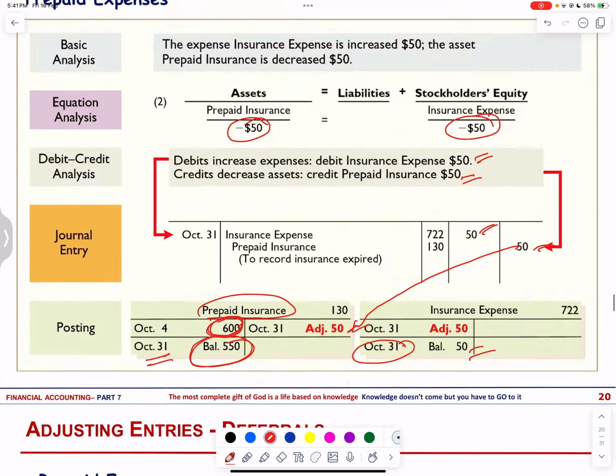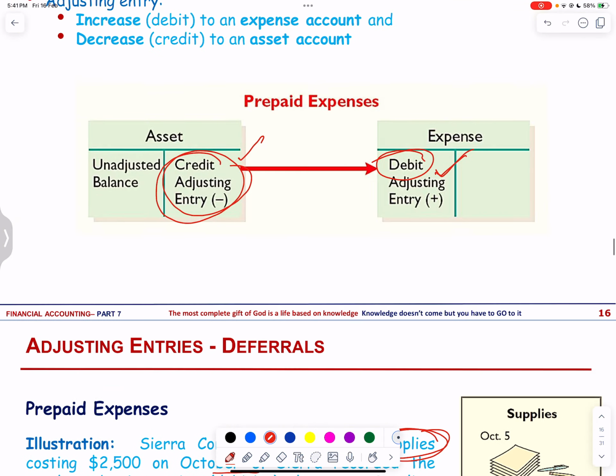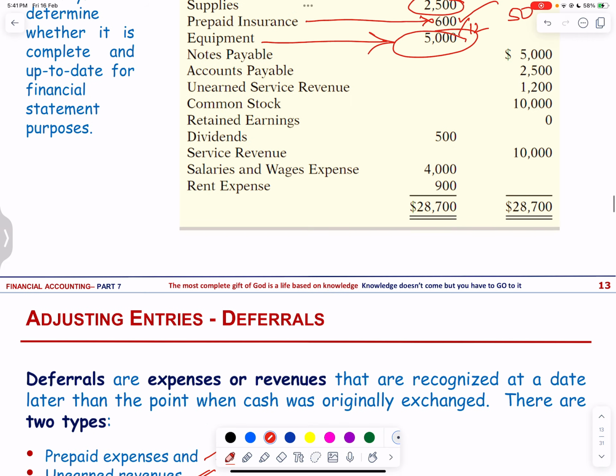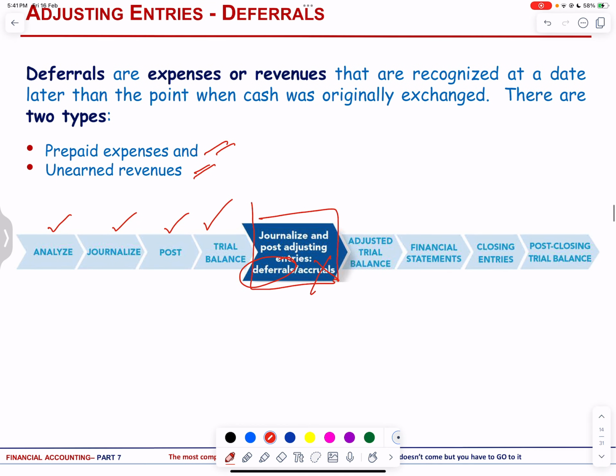And if you can recall, when we say deferrals, there are two. We have the prepaid expenses we have talked about just now, and now we are going to talk about the unearned revenue.